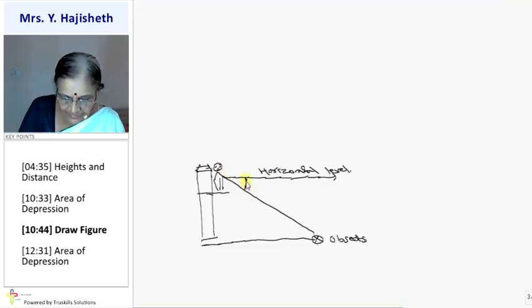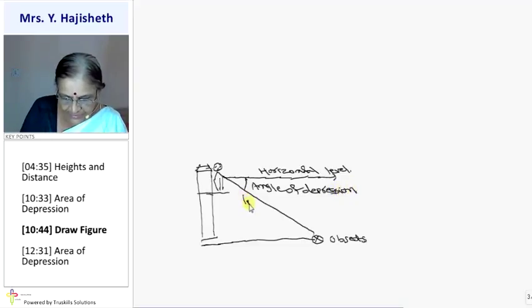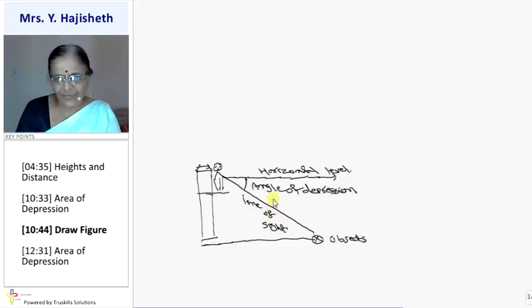And this angle, I call it an angle of depression. क्या फर्क है? ऊपर बनता है, ऊपर की हॉरिजॉन्टल के साइड. This is called line of sight. Horizontal, line of sight and angle of depression. Okay? दिख रहा है ना?